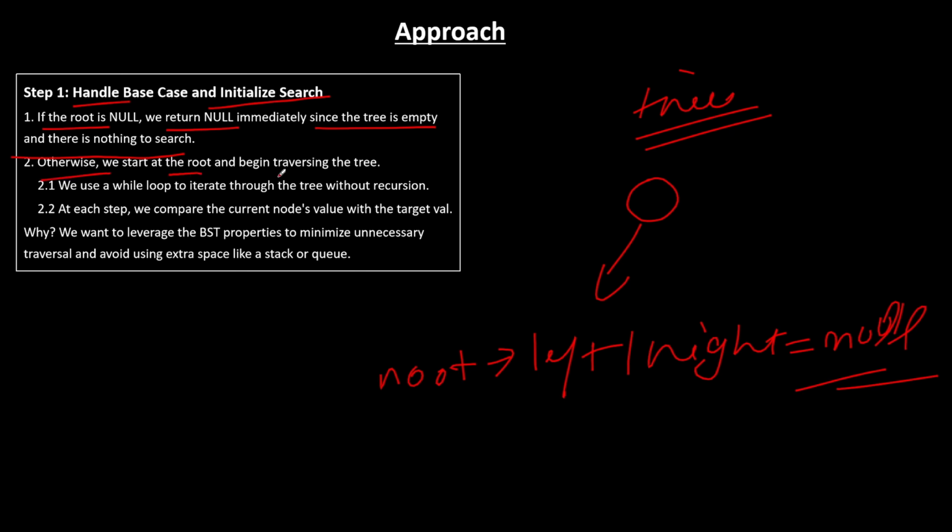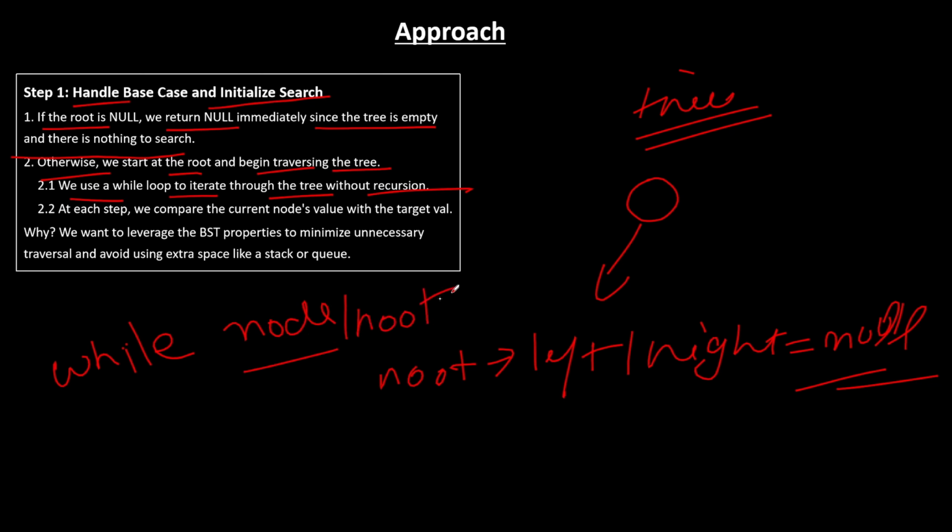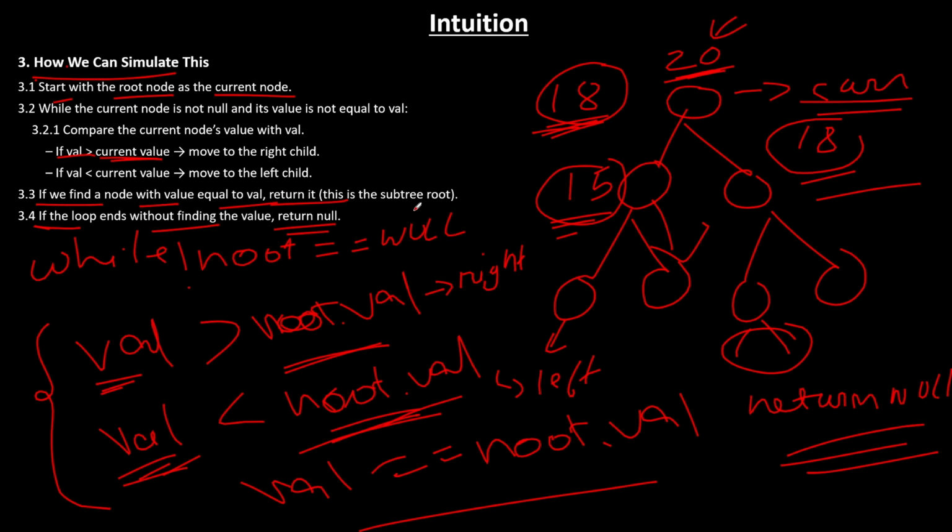Otherwise, we start at the root and begin traversing the tree. We use a while loop to iterate through the tree without recursion. That will be done using while root, or whatever variable we have used there. At each step, we compare the current node's value with the target value, which is basically the logic we understood here.